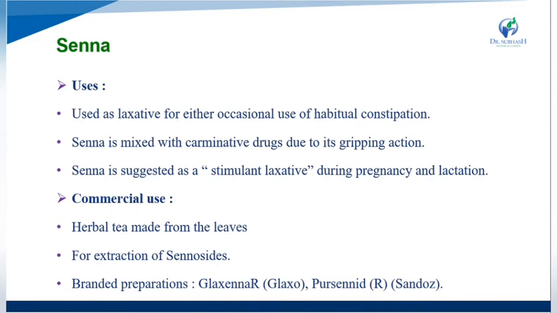In these cases we use senna for its laxative purpose. Haldi churna having senna powder is used in constipation churnas. Then senna is mixed with carminative drugs due to its gripping action.